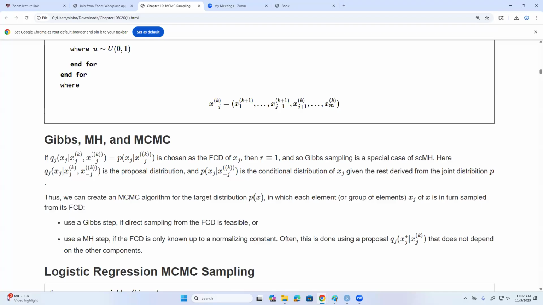In Gibbs sampling, you calculate the full conditional distribution, and if you sample directly from it, that is our original form of Gibbs sampling.